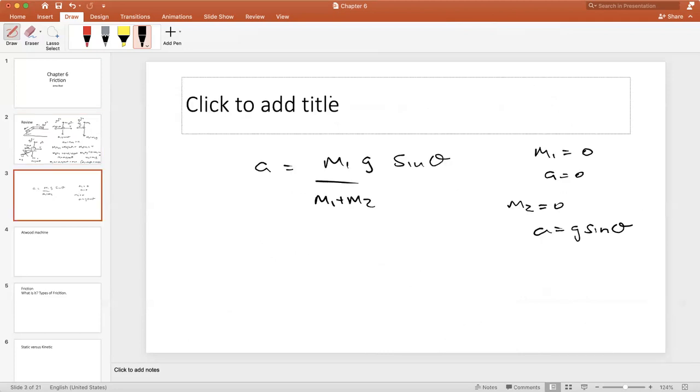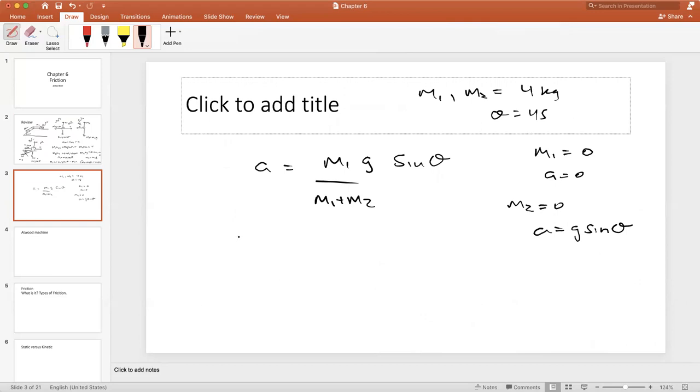We could put some numbers in. If m1 and m2 were, let's say, 4 kilograms, and the angle were 45, we could find what A is. So let's do that.